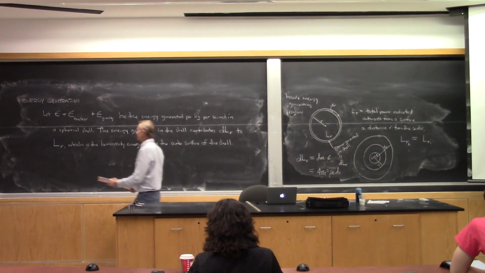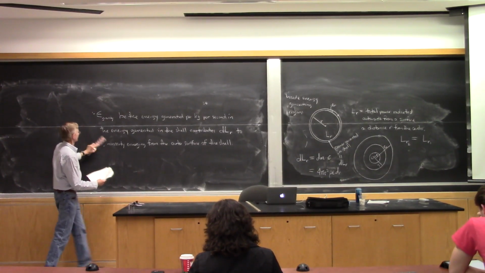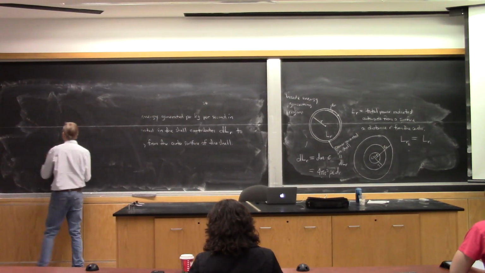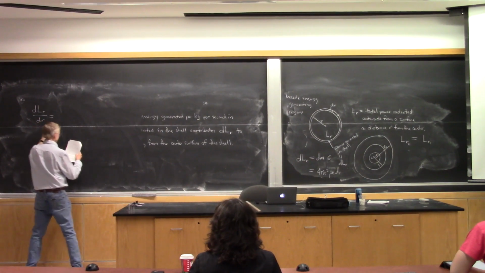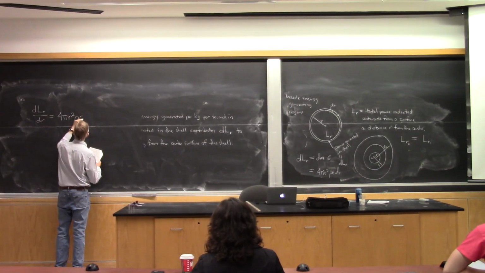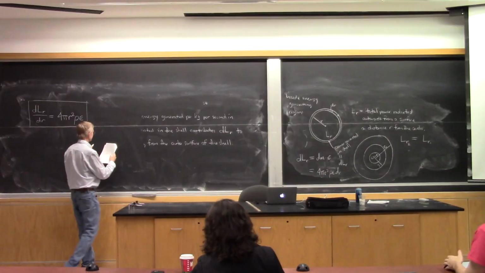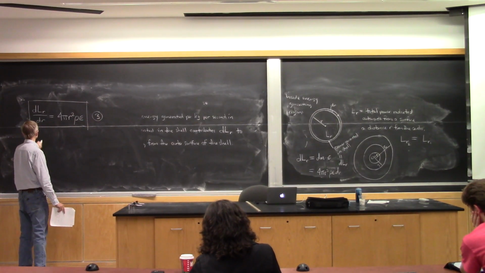So in other words, what we find is that dL sub r over dr is equal to 4 pi r squared rho epsilon, and that is equation 3, and notice how similar it is to the equation of mass continuity.